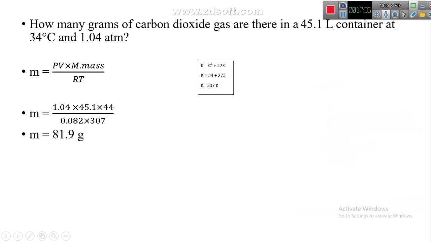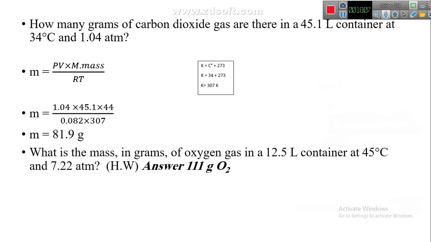The value of R is 0.082 multiplying by 307. The final answer will be mass equal to 81.9 gram, or we can round it to 82 gram.